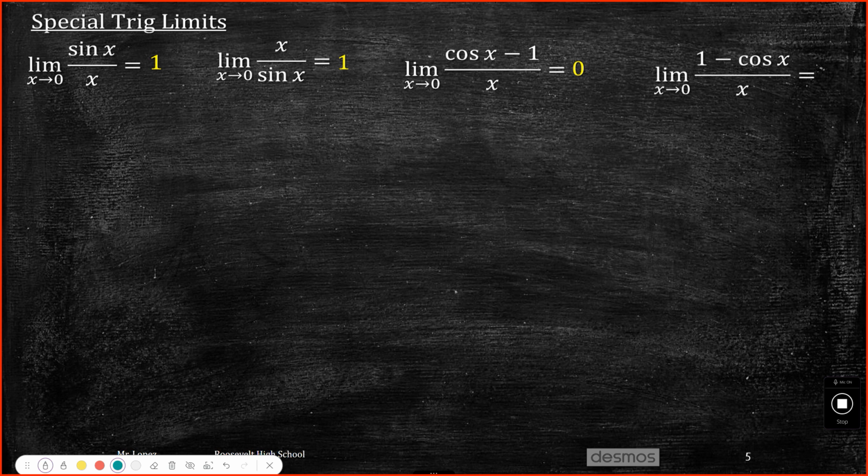And the limit as x approaches 0 of this one, 1 minus cosine x over x, or cosine x minus 1 over x, is going to be 0. What's sine of 0?